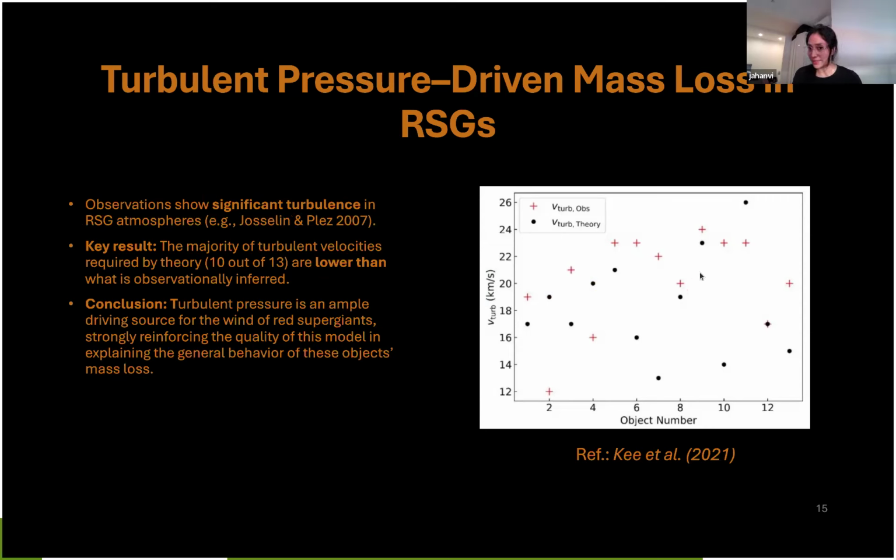Here the plus points are the observed turbulent velocity, and the dots are the theoretical turbulent velocity. You can see that the theoretical turbulent velocity is mostly lower than what we have from the observation, which means that the turbulent pressure should be more than enough to drive the mass loss in RSGs.